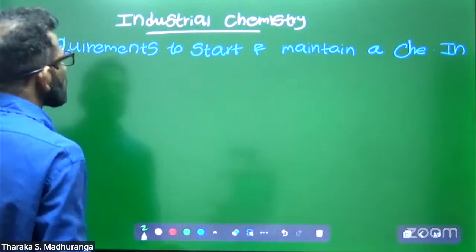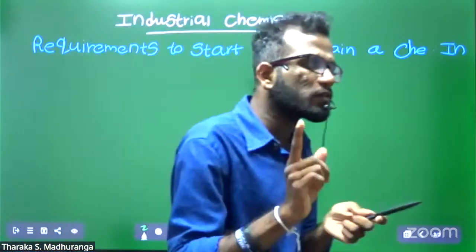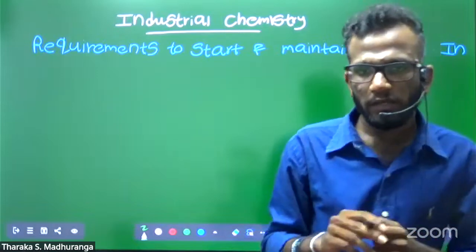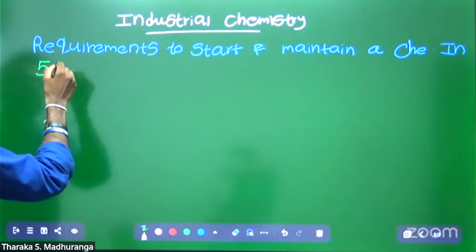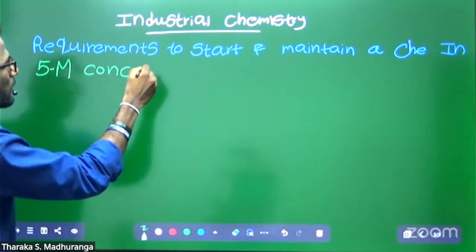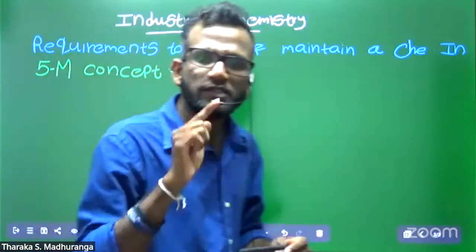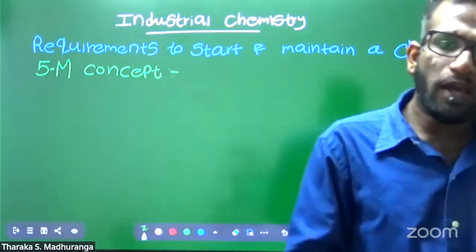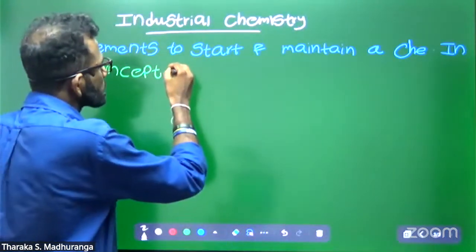Mainly, all these requirements we can put into one concept that we call the 5M concept. Understand very well. We call it the 5M concept because all requirements start with M. The first one is money.